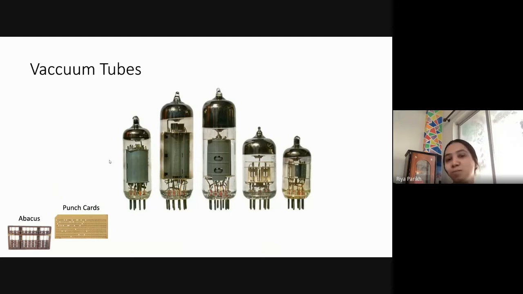Then came vacuum tubes. These were also called the first generation of our digital computers. They were big rooms filled with racks of vacuum tubes on which computing was performed, where basically cathode rays were used to control whether it's 0 or 1.